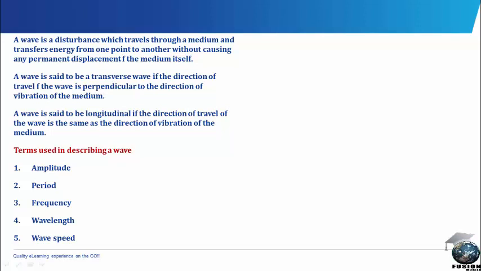Now, a wave is said to be a transverse wave if the direction of travel of the wave is perpendicular to the direction of the vibration causing the wave, while a longitudinal wave is obtained when the direction of travel of the wave is the same as the direction of vibration of the wave.